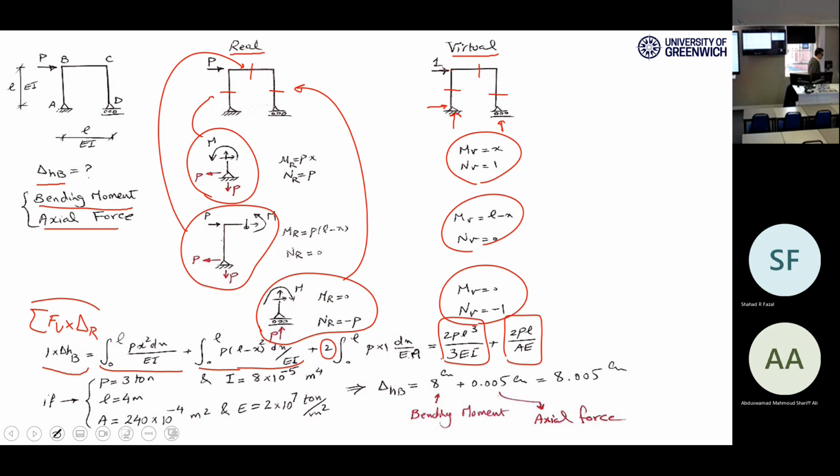You can imagine how important the contribution of axial force is. Right? How important is it?